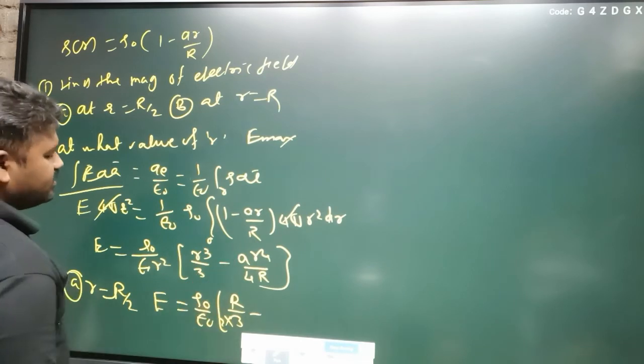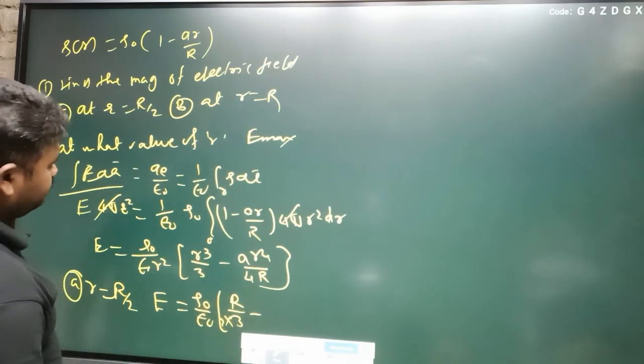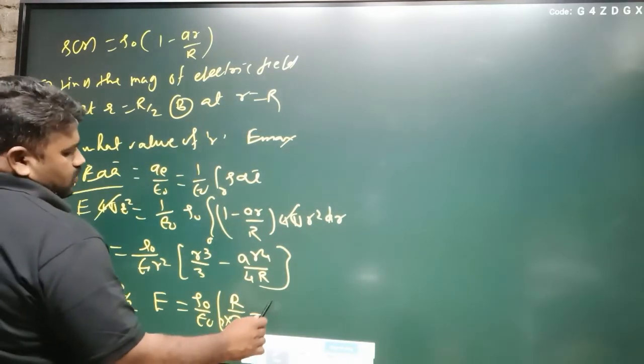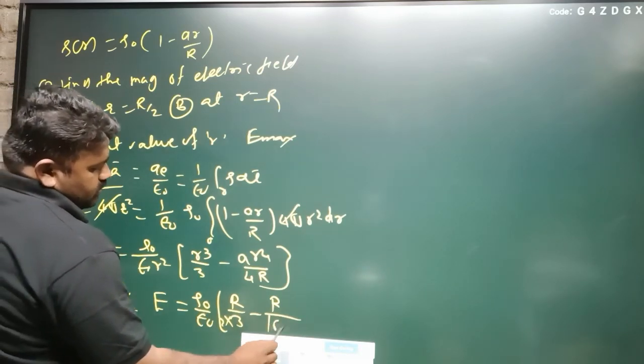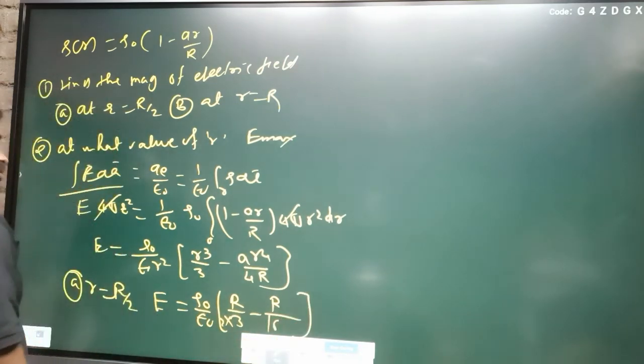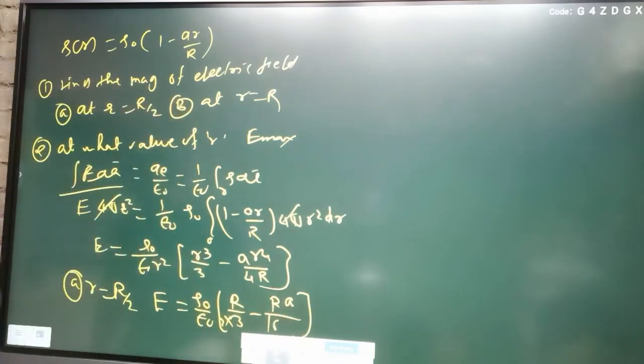Okay, R square gets cancelled, the remaining is R square by 4, meaning a capital R square upon 16. R gets cancelled again, so R by 6 minus a R by 16, and we can take common. Take 2 common: 1 by 3 and 1 by 8.